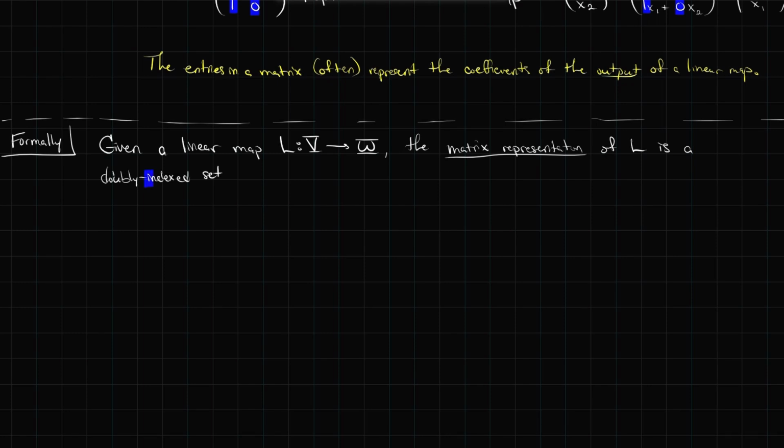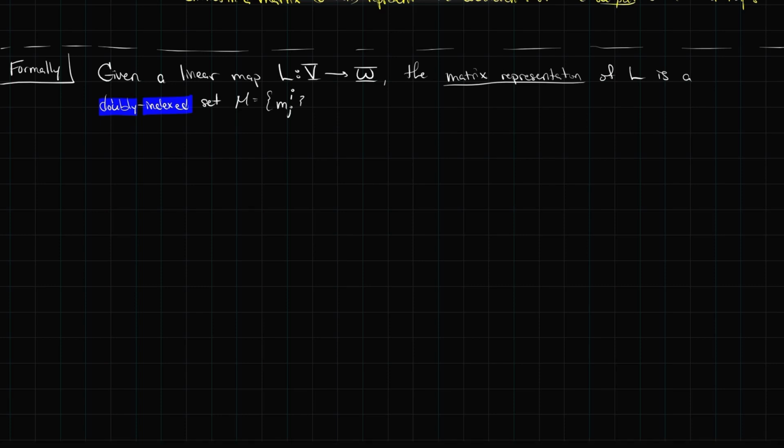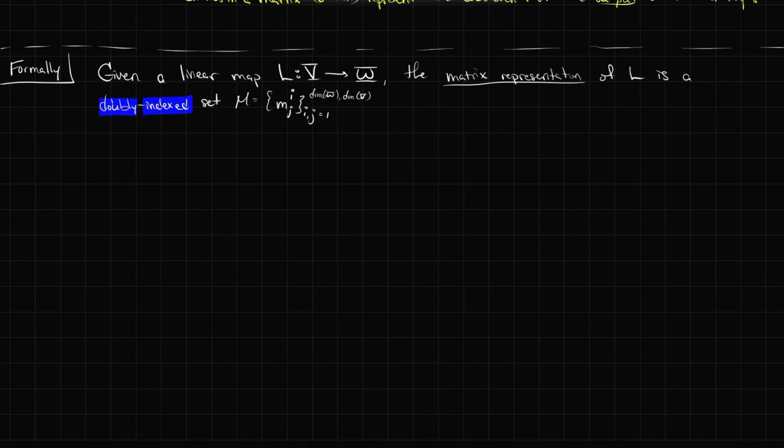This is where indexing comes back into play, and in fact there are two indexes to a matrix. I'll write it as M, doubly indexed by the letters i and j, superscript and subscript, and i and j are going to start at 1 and end at the dimension of W and the dimension of V, respectively.